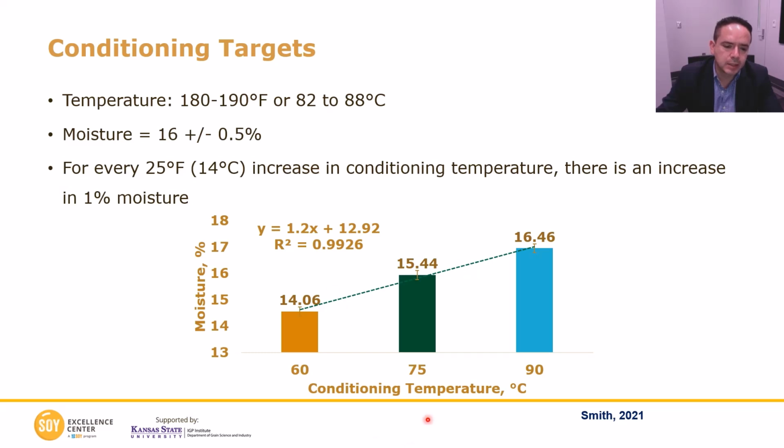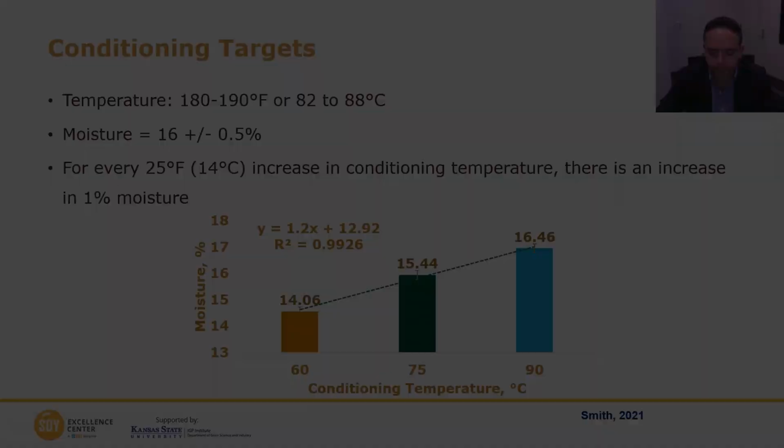But as you can see in this graph, this is one of the projects that we did with one of my undergraduate students. And you can see here that as conditioning temperature increases from 60 to 90, there is an increase in the amount of moisture in the meal.